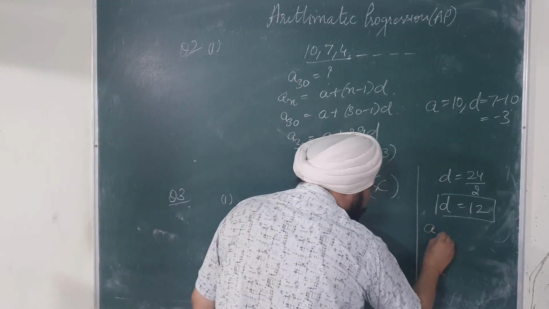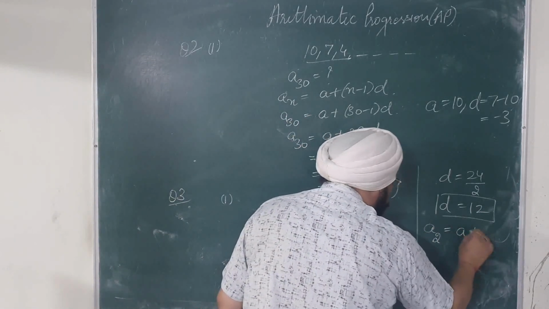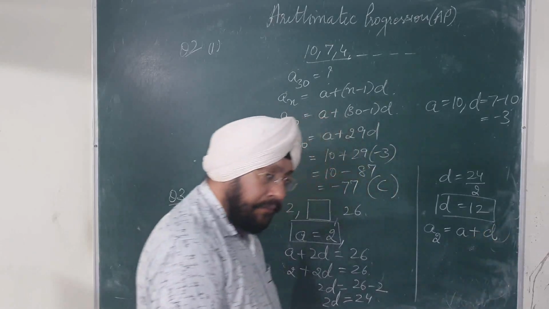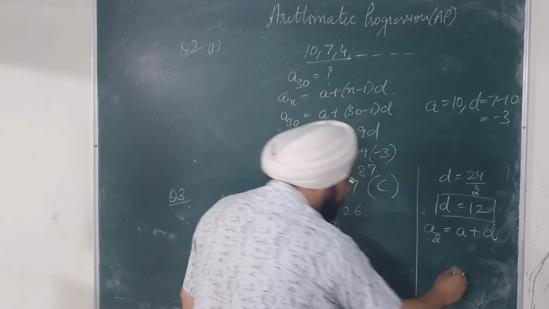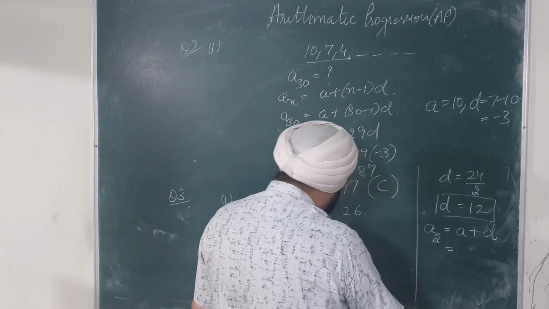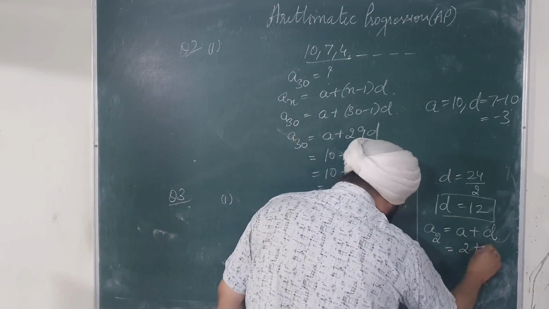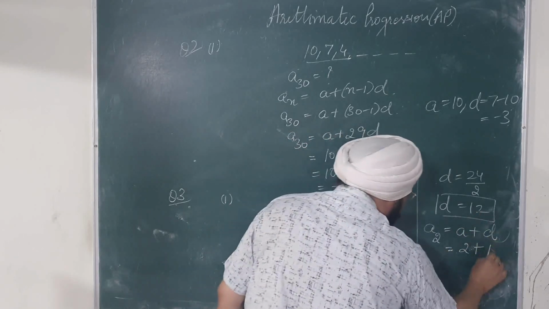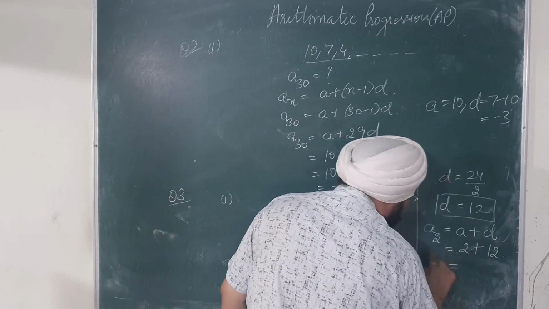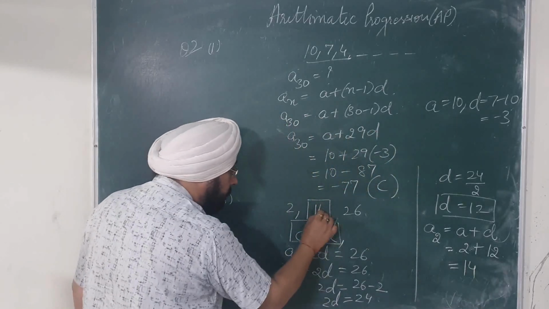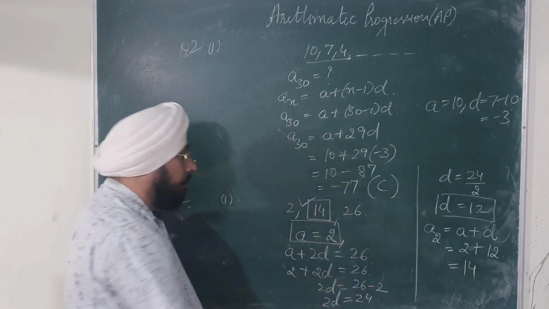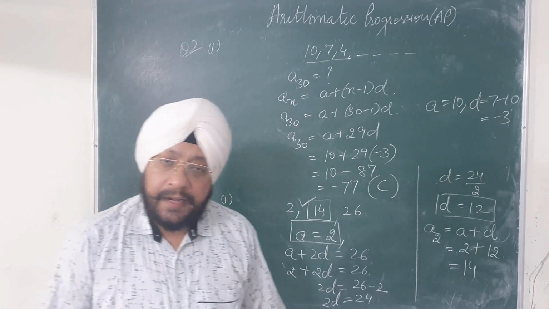According to the formula, the second term becomes a plus d. Substituting a equals 2 and d equals 12, the second term will be equal to 14. So this term must be 14. Is that clear?